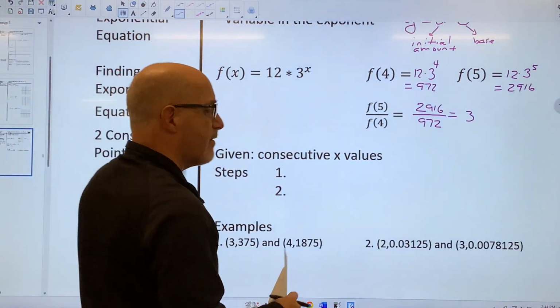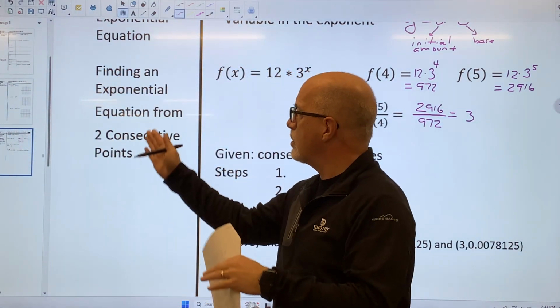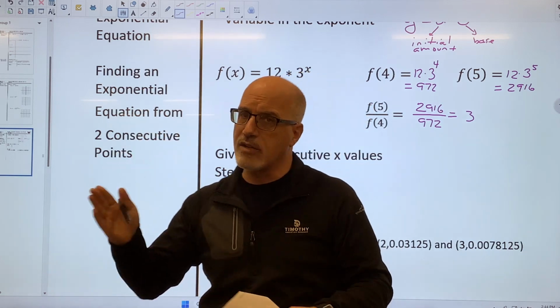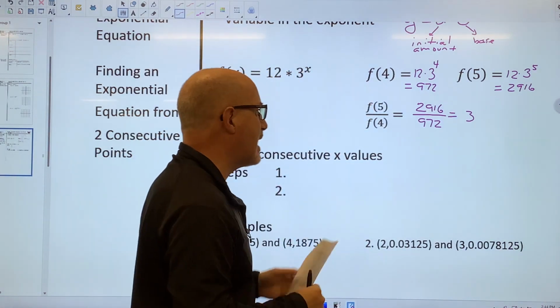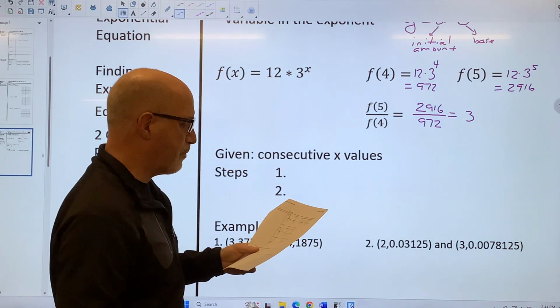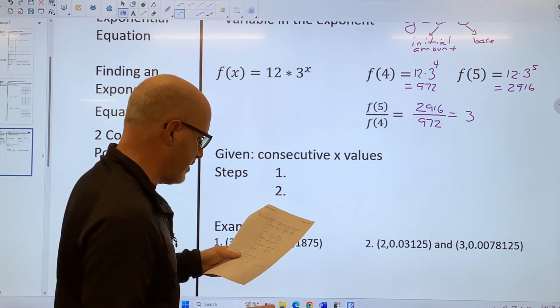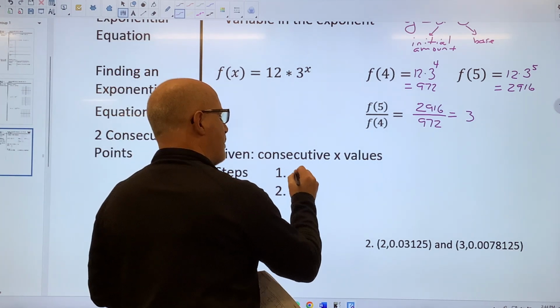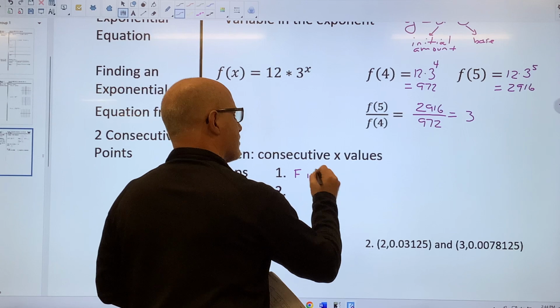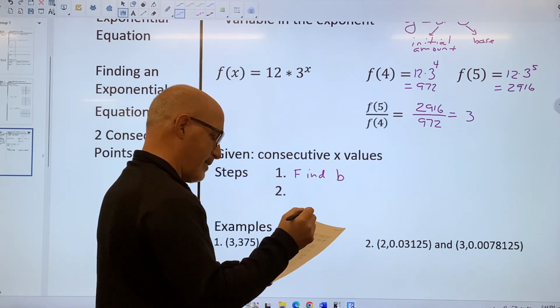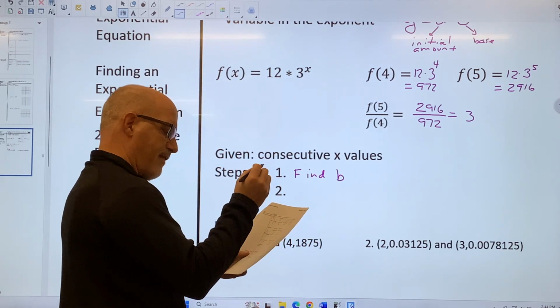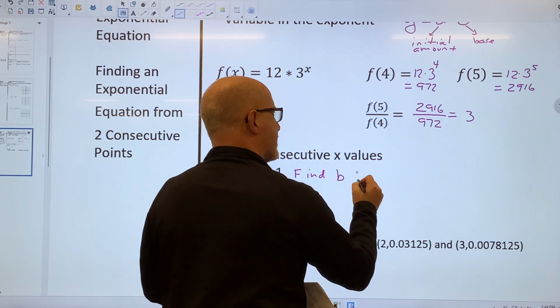So this is when you have two consecutive points, where the x values are consecutive integers. How do you find what the equation is? You first of all find b, the base, by finding the ratio of y's.